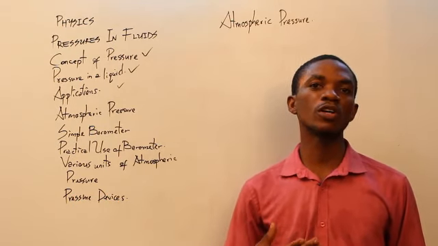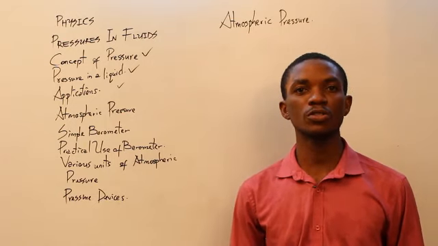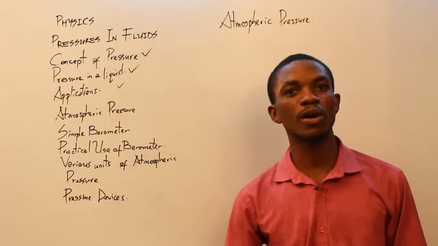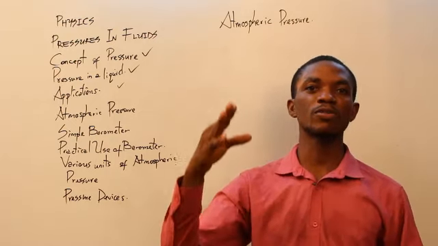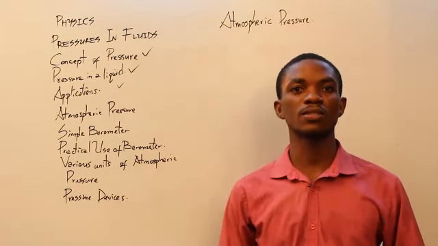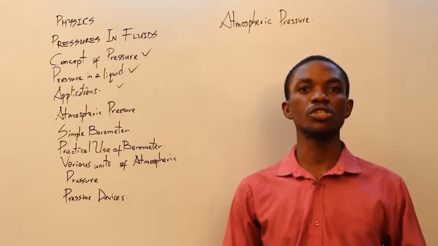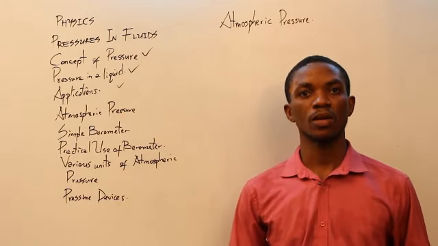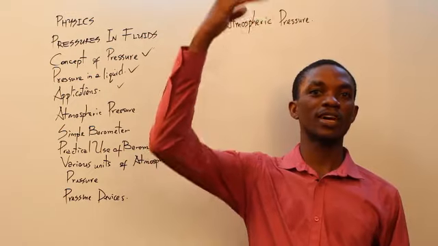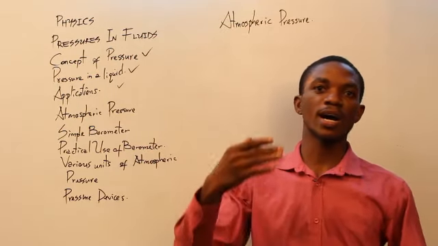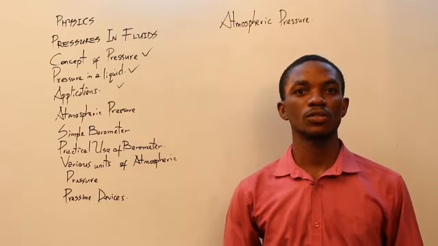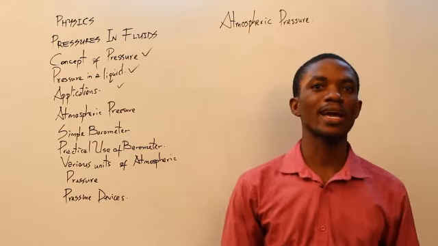When you move from regions of low altitudes, that is low grounds, to regions of high altitudes, that is high grounds, such as mountains, the pressure on you is reduced. Of course, because the air above your head is less. But when you are at low altitudes, the pressure on you is higher.